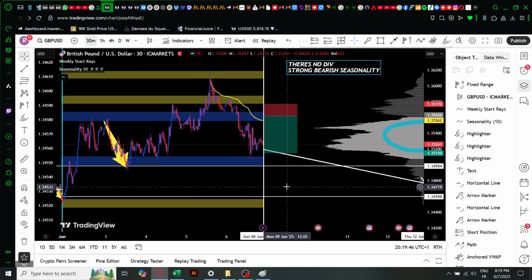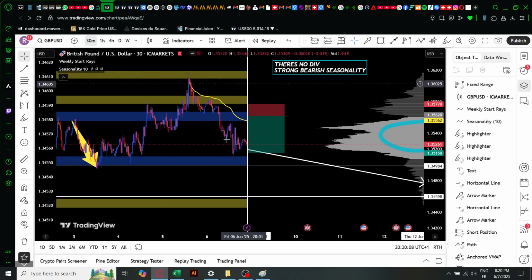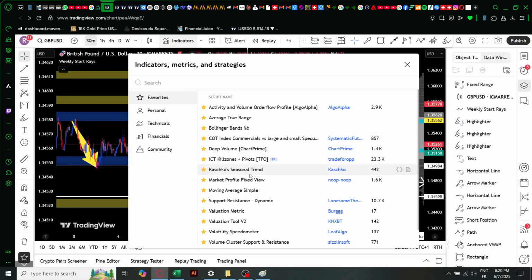And the idea is not just getting your levels, but classifying the levels by their importance. With normal supply and demand strategies, or support and resistance strategies, you can't classify the importance of each level.